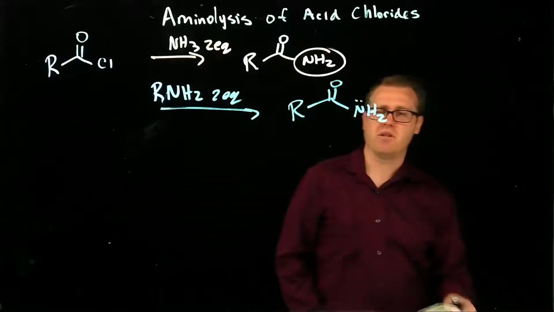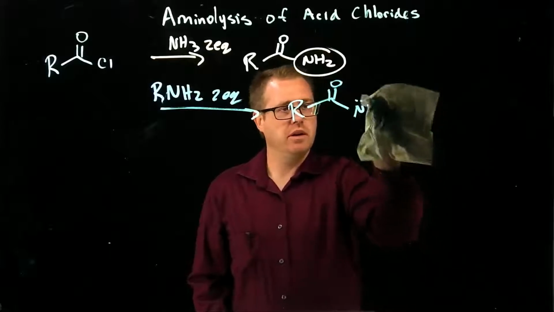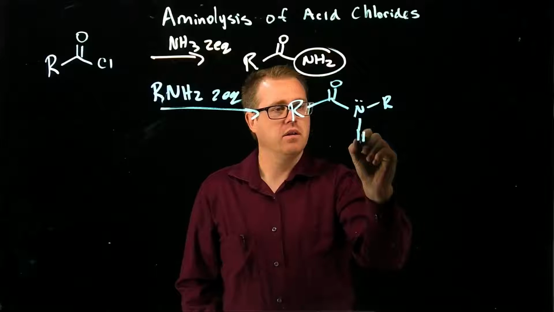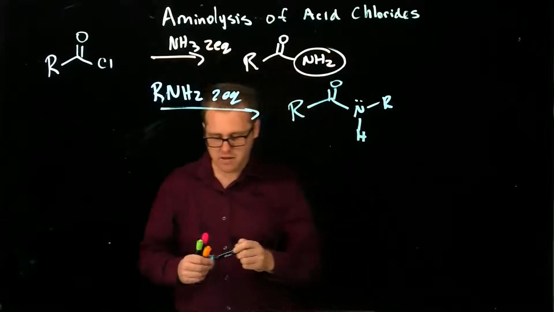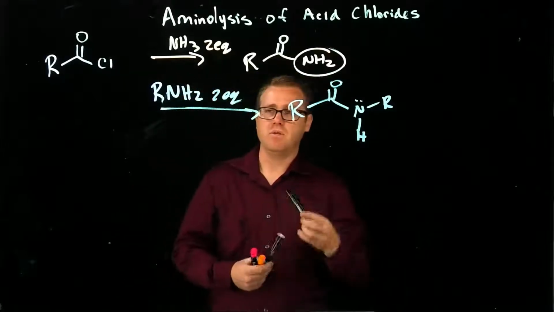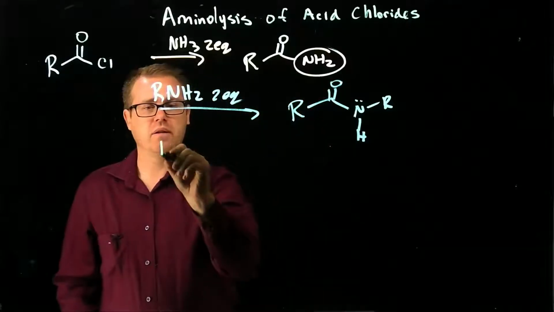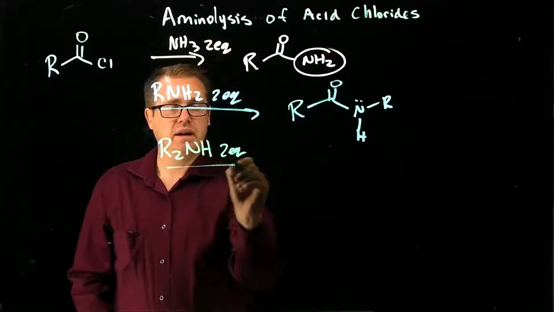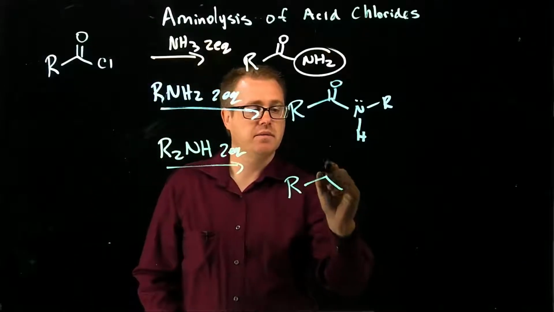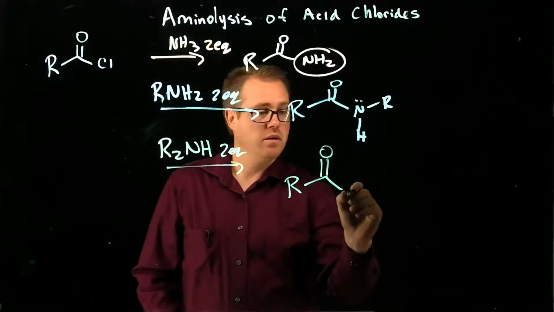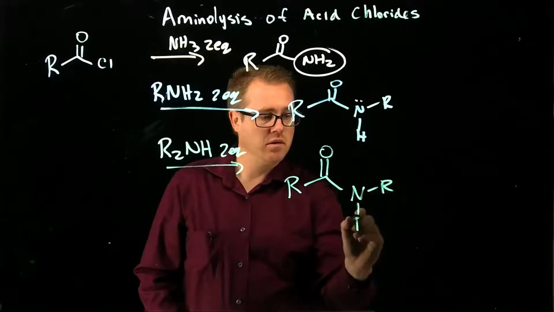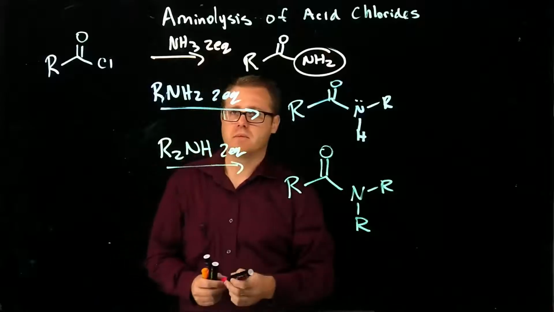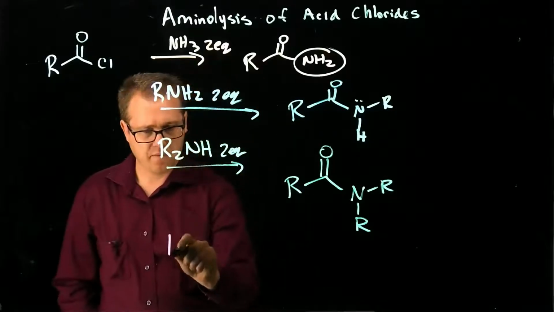No, not that product. What are we doing here? RH. There, that looks better. We could also have 2 equivalents of this guy and get this product. So class, what do you think?